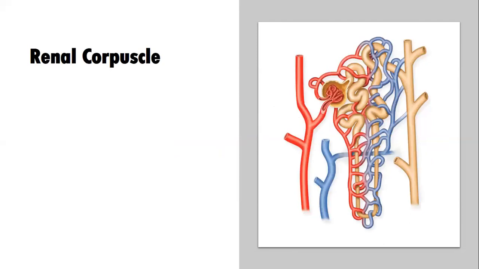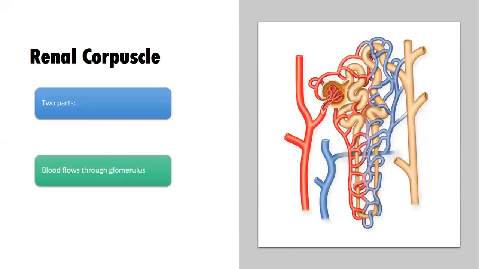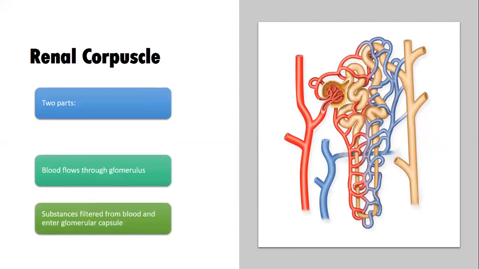The renal corpuscle has two parts: the glomerulus, where blood flows through and substances are filtered from the blood, and the glomerular capsule, or Bowman capsule, through which the waste and water enter the excretion system.